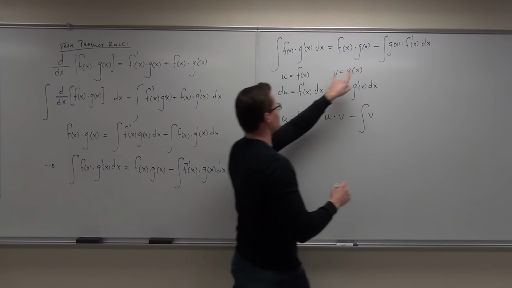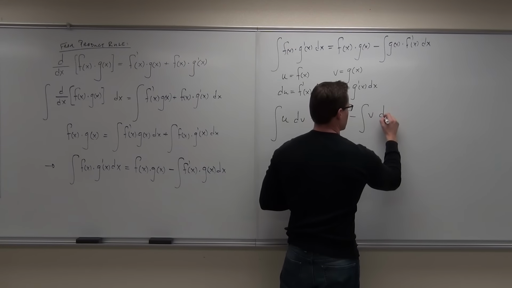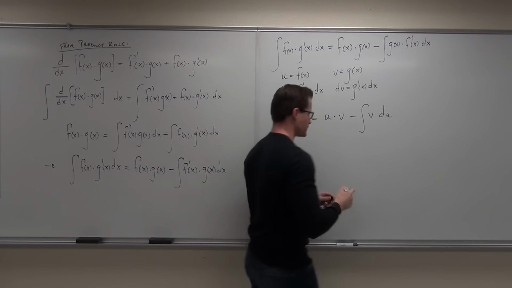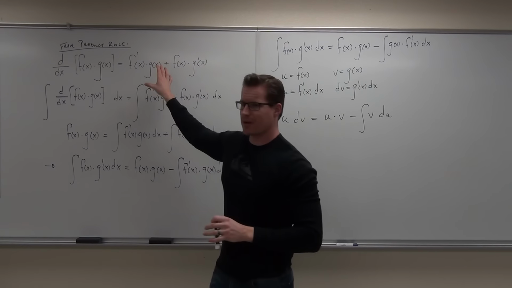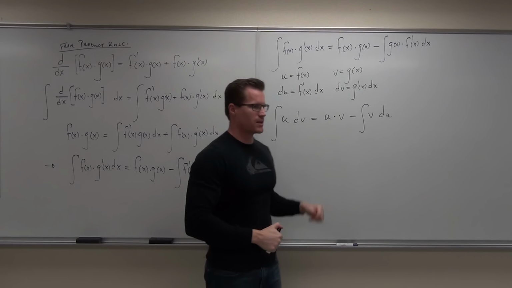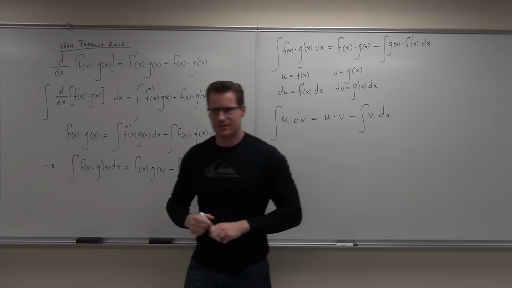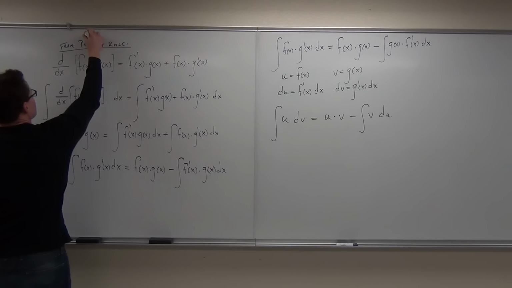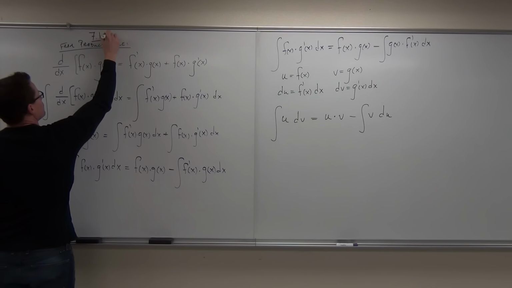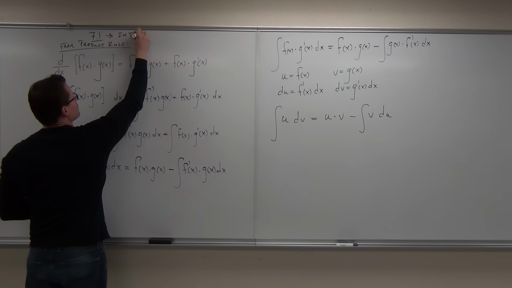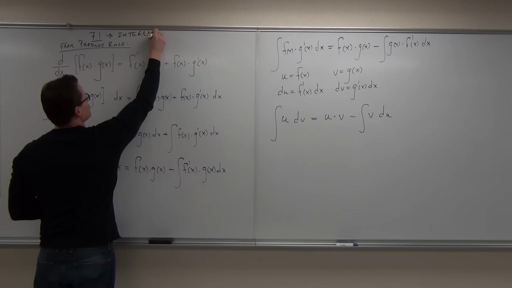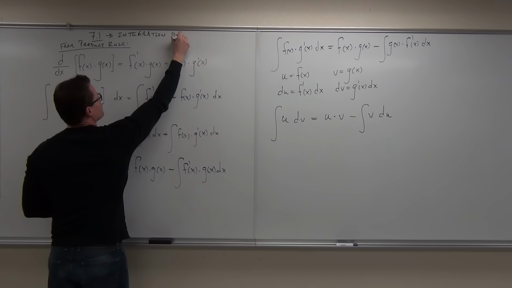This whole piece. So if we integrate the product rule, what we end up getting is this thing right here. What this thing is, is how to do integration by parts.